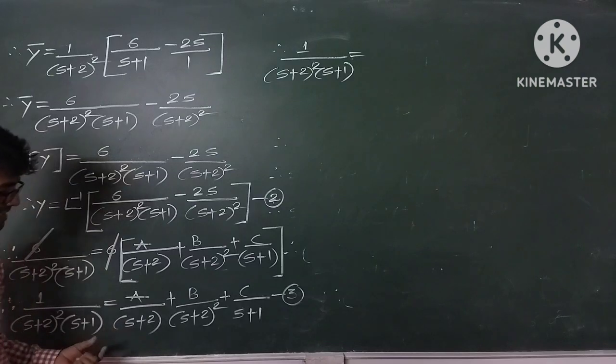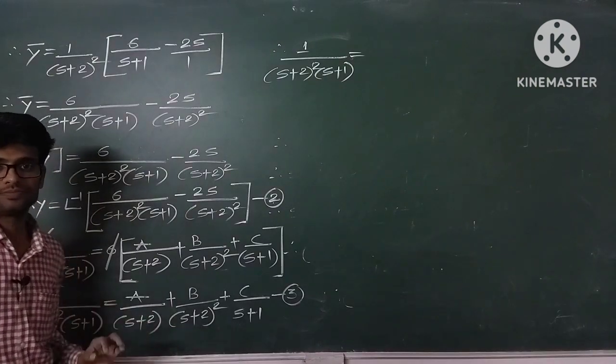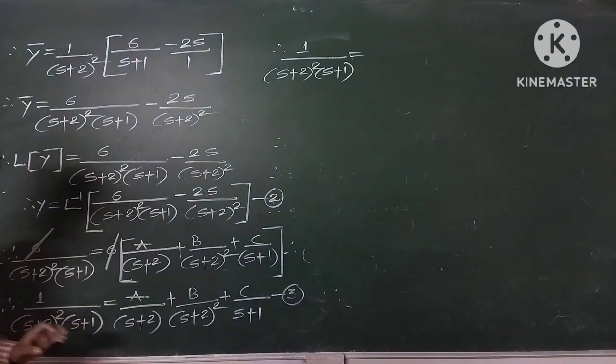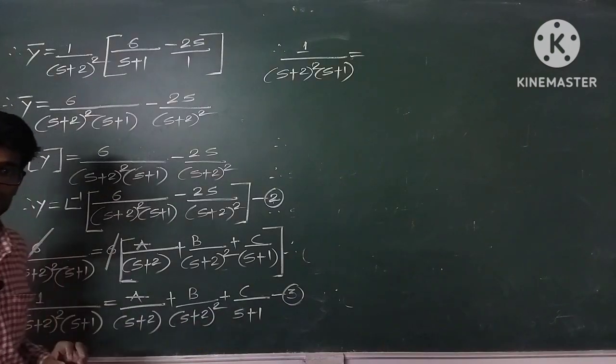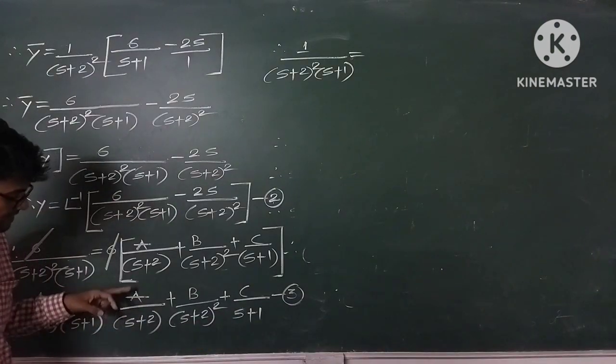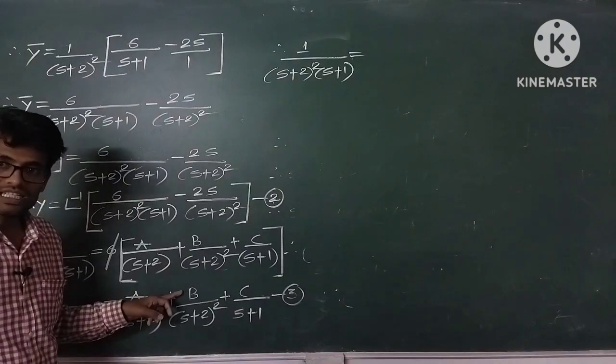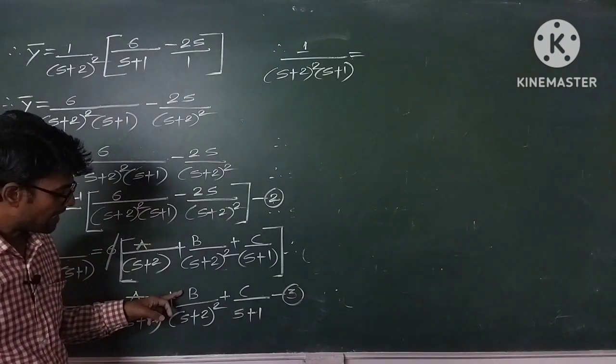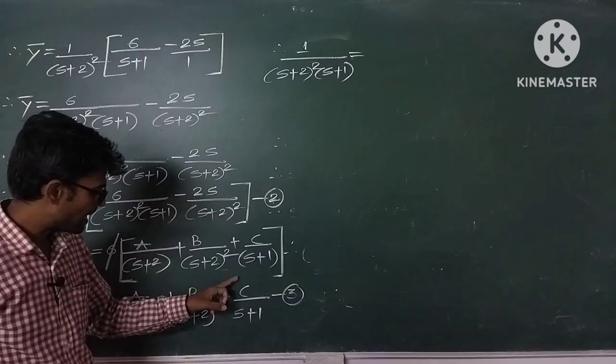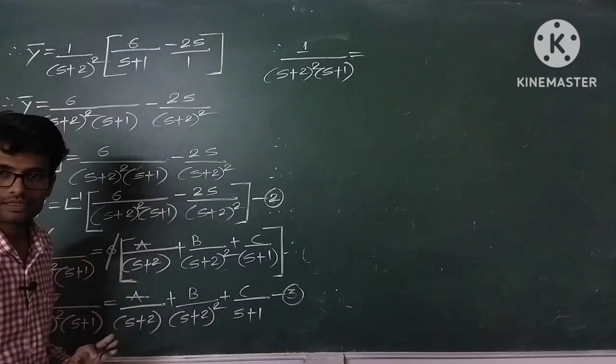So the LCM will become (s plus 2) whole square into (s plus 1). So here you multiply this A by (s plus 2) into (s plus 1). For this B by (s plus 1) and C by (s plus 2) whole square, right?